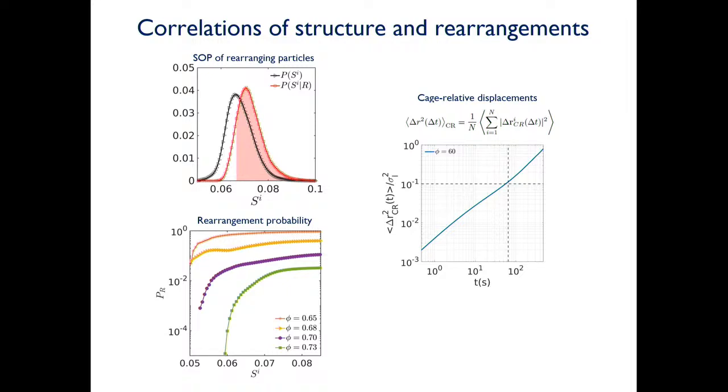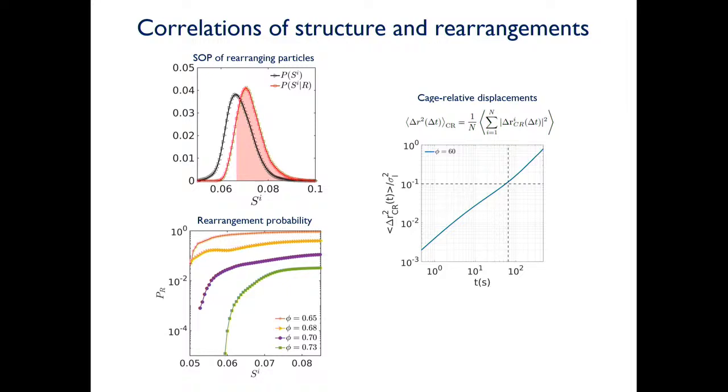And this dependence diminishes as you go to lower densities. If you take suspensions that have lower densities, then this dependence on softness becomes very weak. So once again, what it says is that if you go to higher densities, the correlation between the structure and the rearrangements becomes stronger.